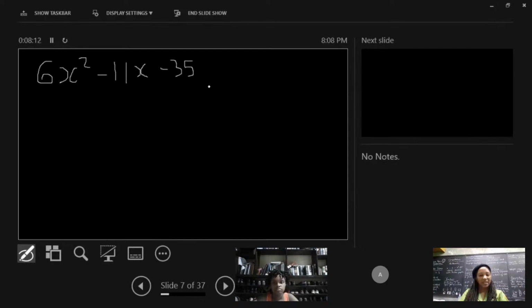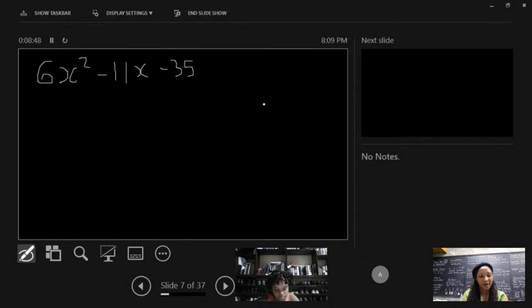So this is a quadratic expression. It's not an equation. To make it an equation in the form of the quadratic, we would make it equal to 0 or equal to some other term, which we would then shift everything to the left and make it equal to 0. And then normally when you're given an equation, you're asked not only to factorize, but to solve that equation. Tonight, we're focusing on just factorizing.